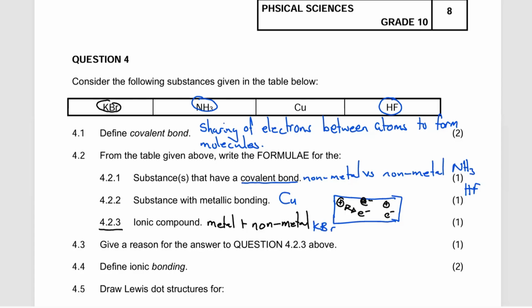Okay, then 4.3 reads: give a reason for the answer to question 4.2.3 above. Why are we saying KBr is an ionic compound, right? Generally we already said a metal and a non-metal.